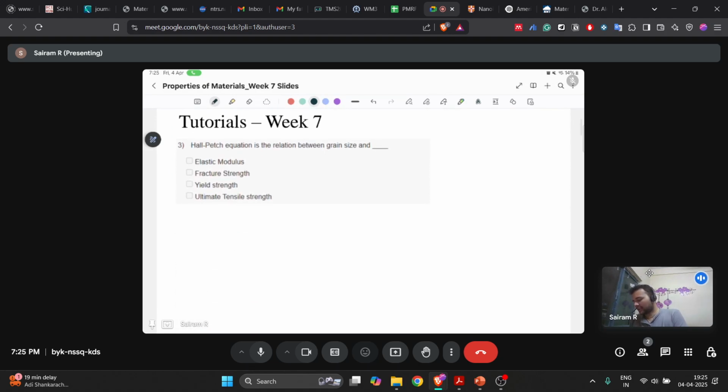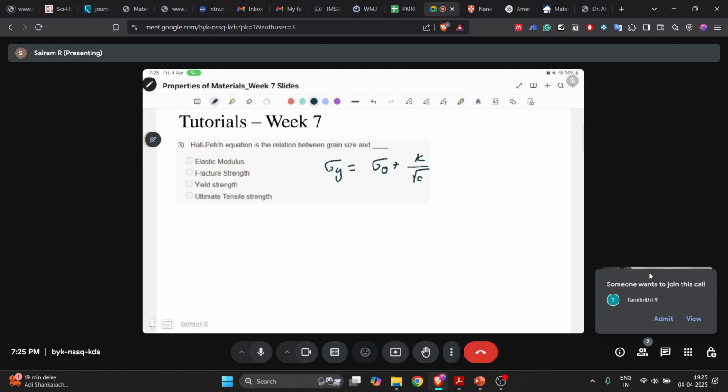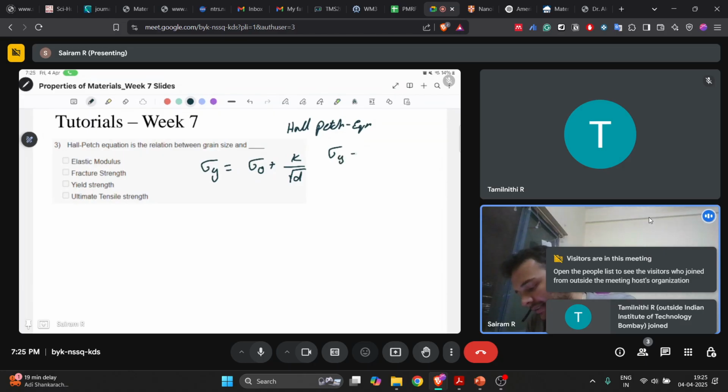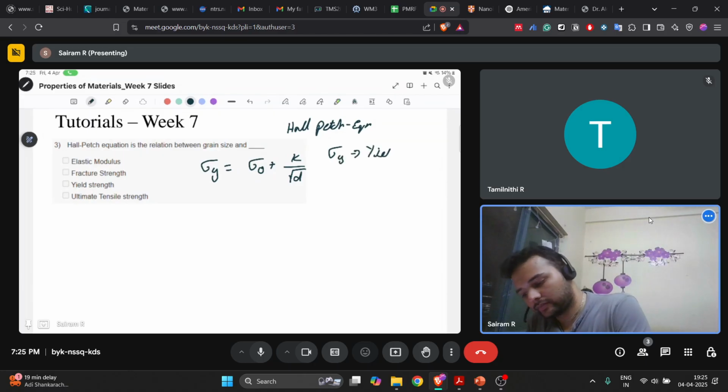Moving on, the third question: the Hall-Petch equation is the relation between grain size and, we know this, sigma y equals sigma naught plus k by root d. This is the Hall-Petch equation, where sigma y is the yield strength and d is the grain size.